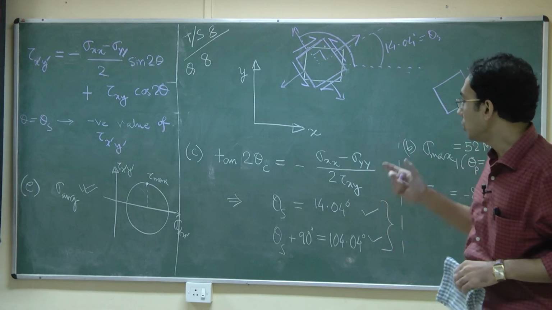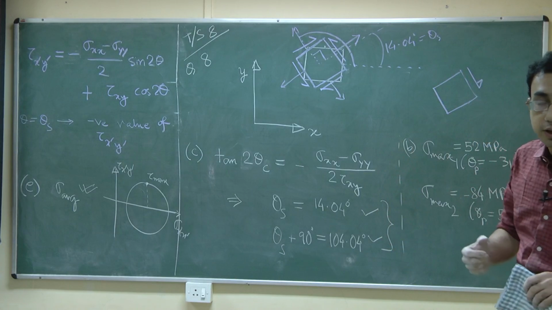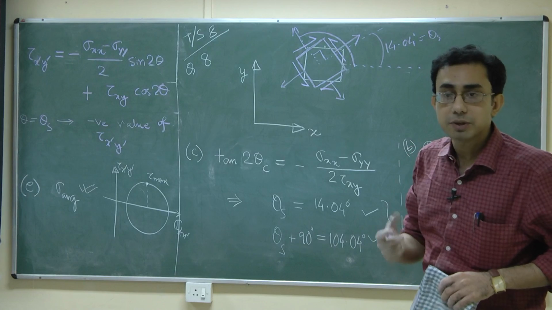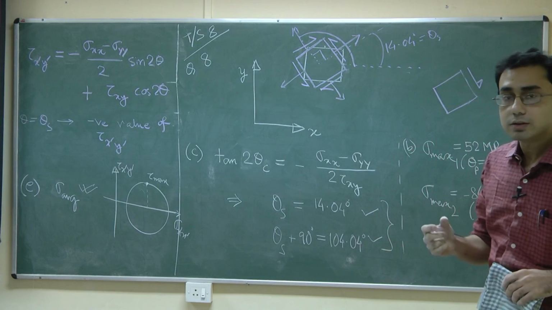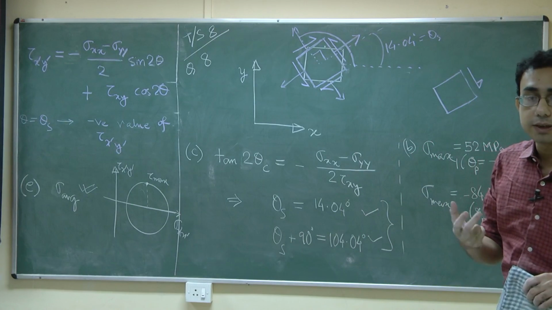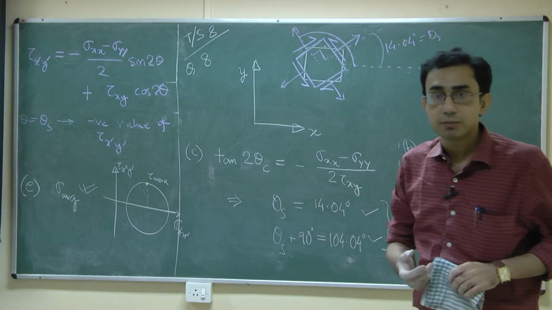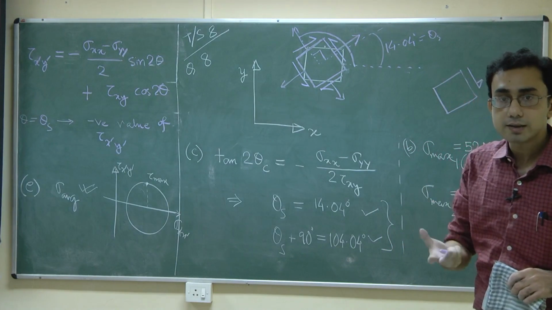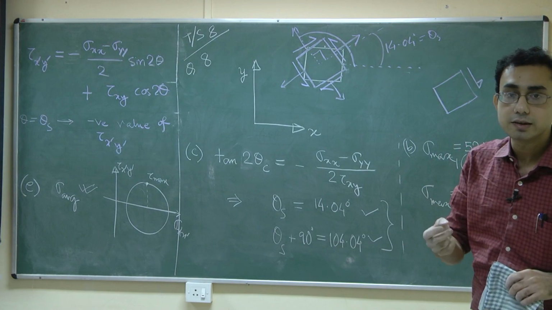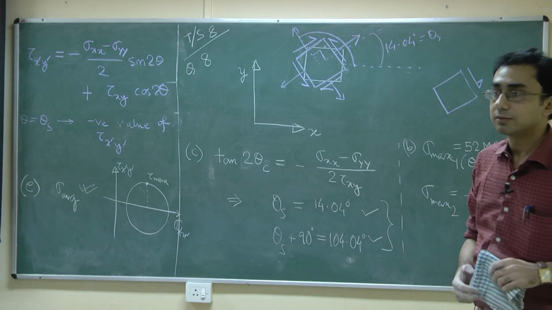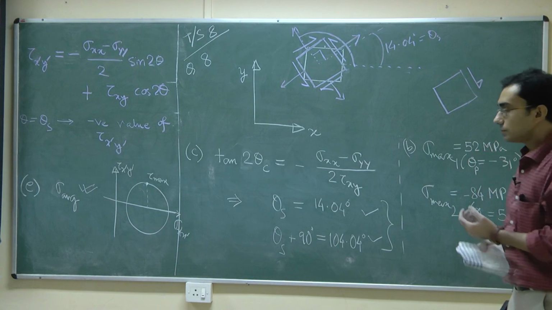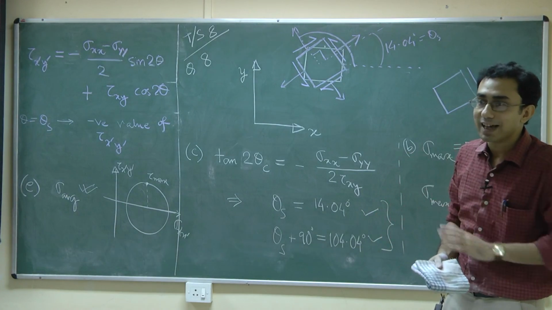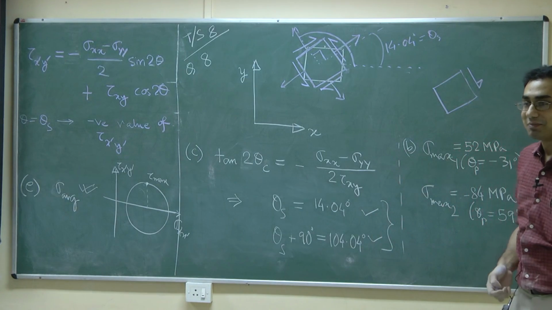In part A of our problem, we found two answers, minus 31 and plus 59. What you will do is use the expression of sigma x dash, put theta equal to minus 31, and you will get one answer. You put 59 degrees, you will get another answer. That's it. No, it is not by magic that I am writing this. I actually used my calculator to find out these things.